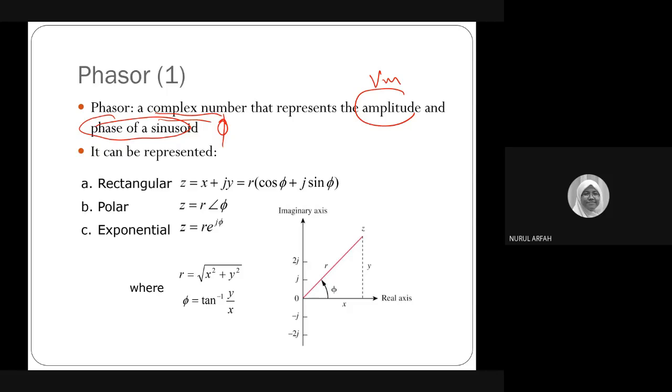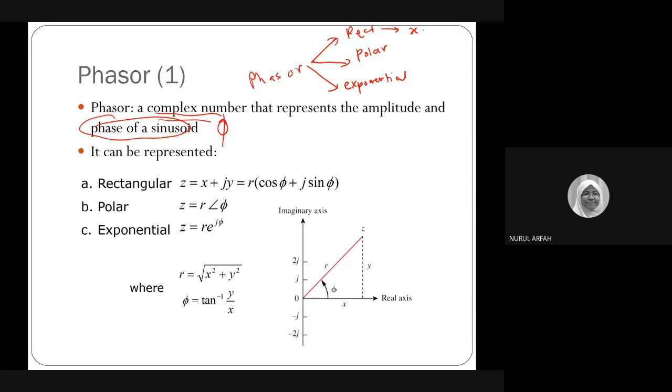So phasor has three types, 1, 2, 3. One is the rectangular form. Second is the polar form. And third is the exponential form.